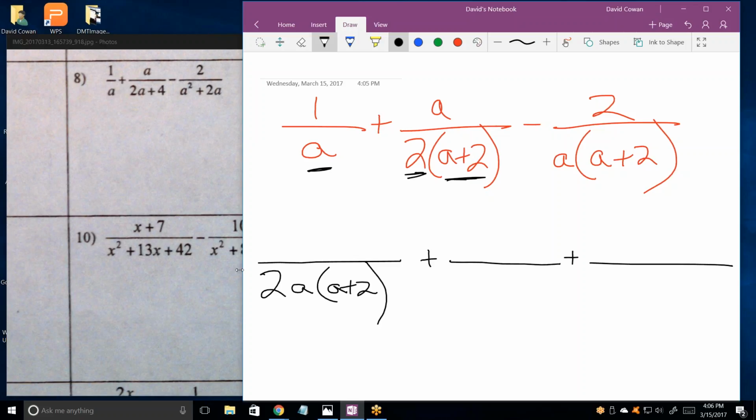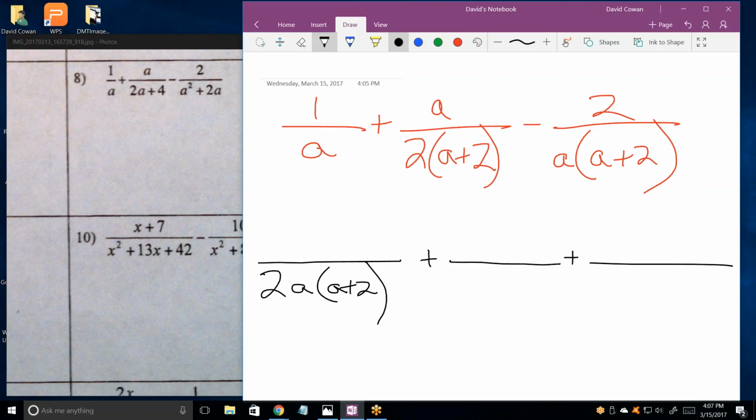Now, to determine whether or not that in fact is my least common denominator, I'm going to try to divide this common denominator by every term. Do I get something even? I accidentally erased something. That was an a plus 2.